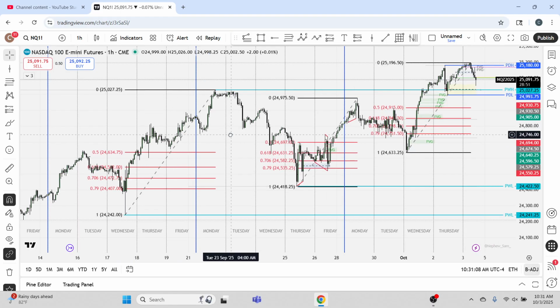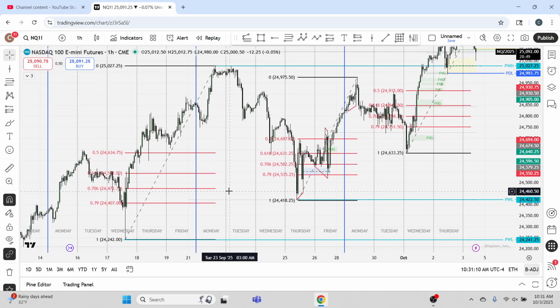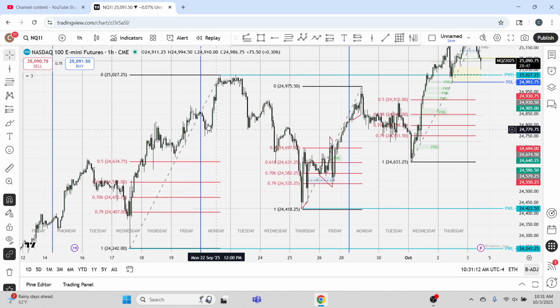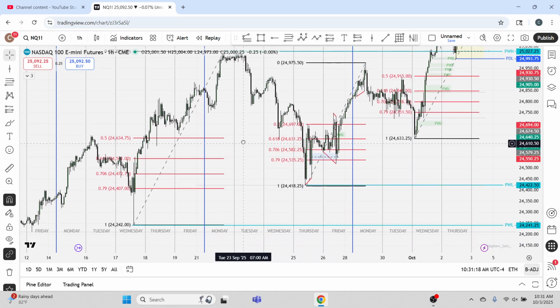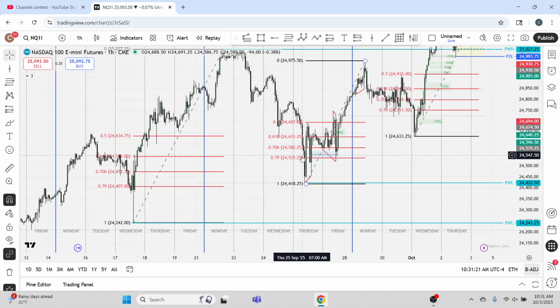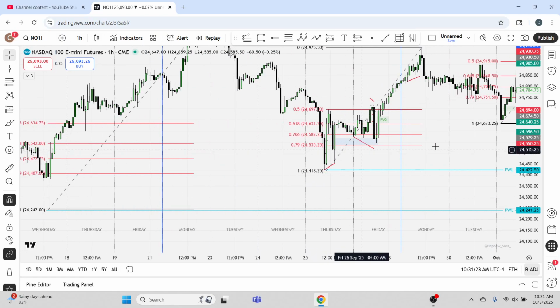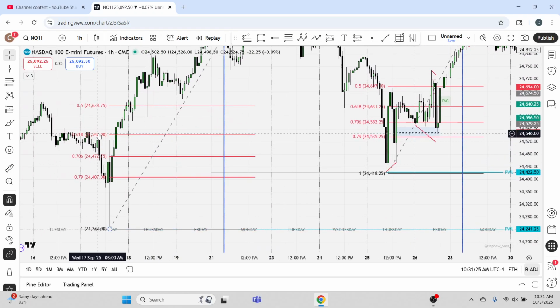And as you can see, what does the market do? The market comes down into equilibrium. We mitigate discount. We go past equilibrium into this discount. In this case, we end up going past our 0.618 level at 542.